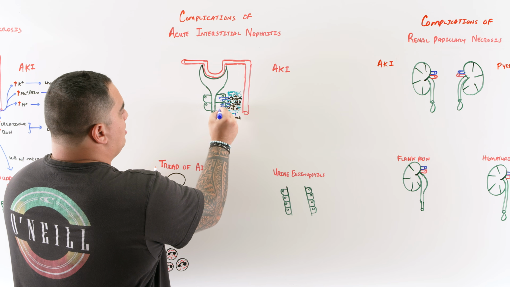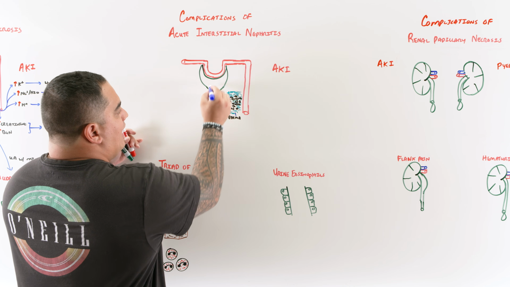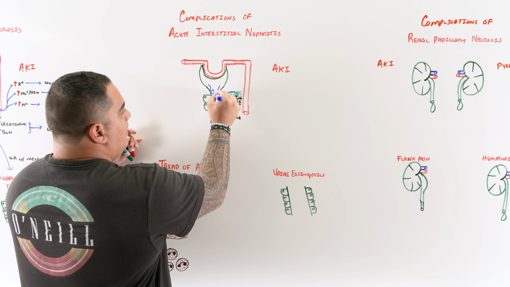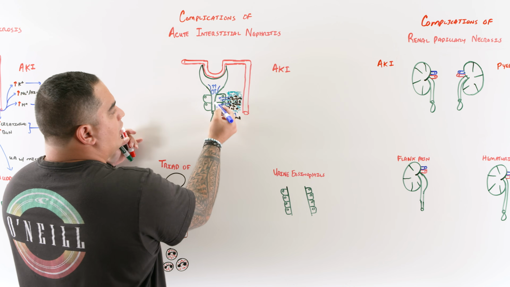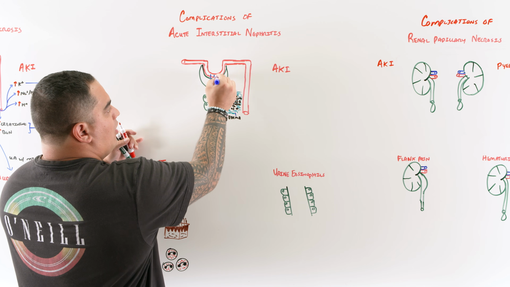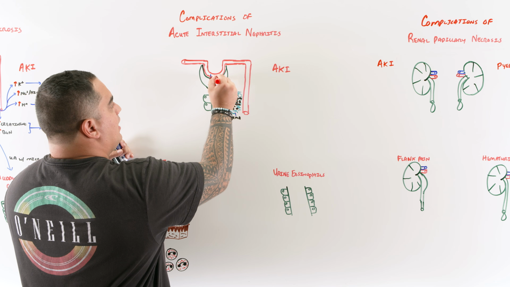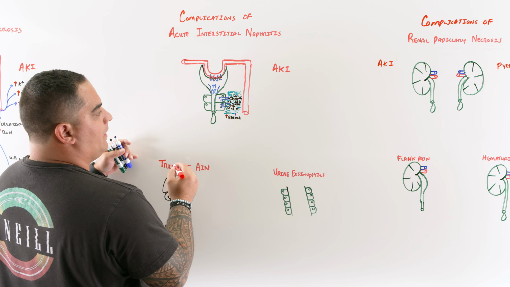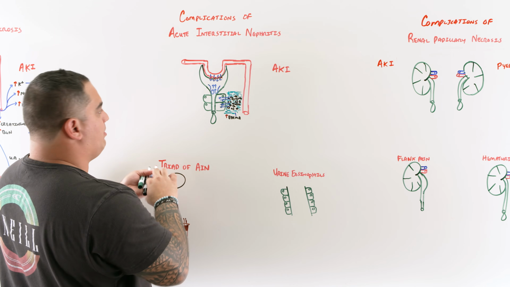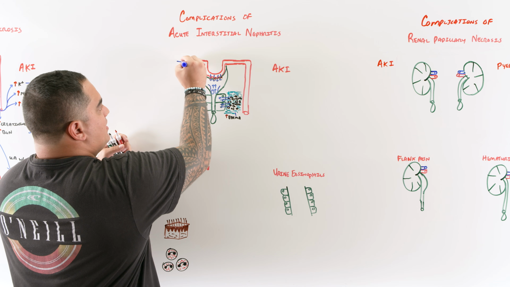As you compress the tubular system, you narrow the lumen. As you narrow the lumen, you make it much harder for things to filter across. As you can't filter things across the glomerulus, things begin to build up in the bloodstream, and you also lose the ability to make urine. So it's the same concept as ATN.